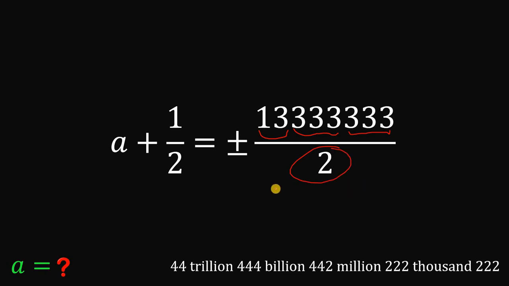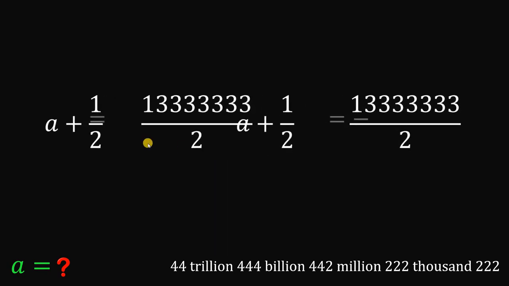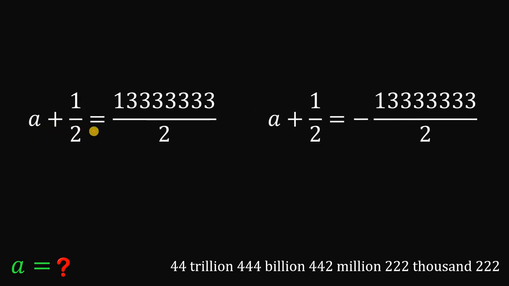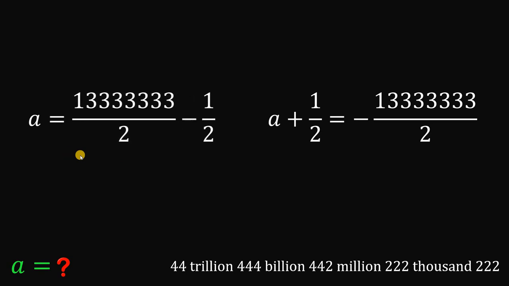Now, we have two possible values here because we have positive or negative. So we have two cases. The first one is a plus 1/2 equals 13,333,333, and the other one is a plus 1/2 equals negative 13,333,333. Now, let's focus on the first case. So to solve for the value of a, let's subtract 1/2 on both sides.